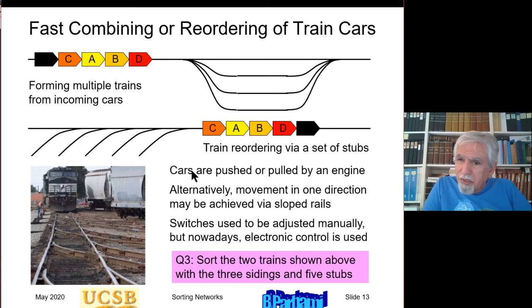In other words, there is a slope. The cars can go in on their own once disengaged and their brakes are released. And similarly, there is a slope here that if you just leave a car on its own, it will go into one of these sidings depending on the switch setting here.